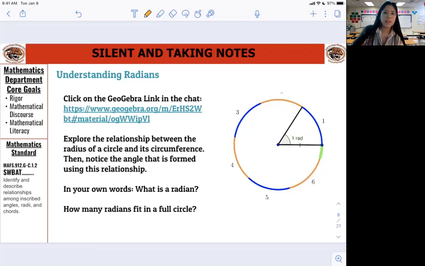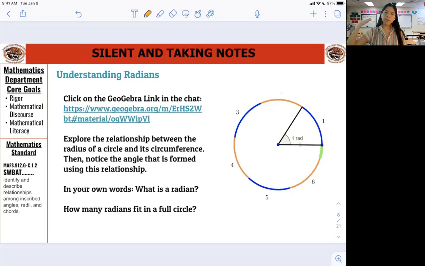Start heading back to the Zoom. And 5, 4, 3, 2, and 1.